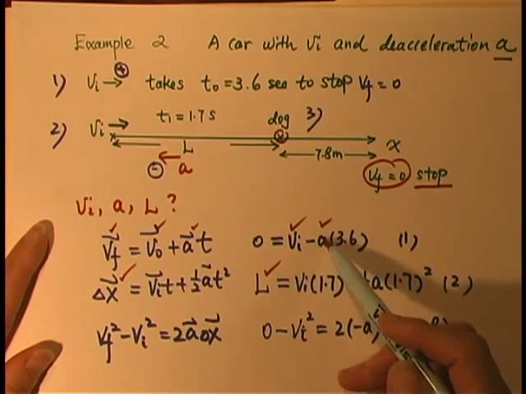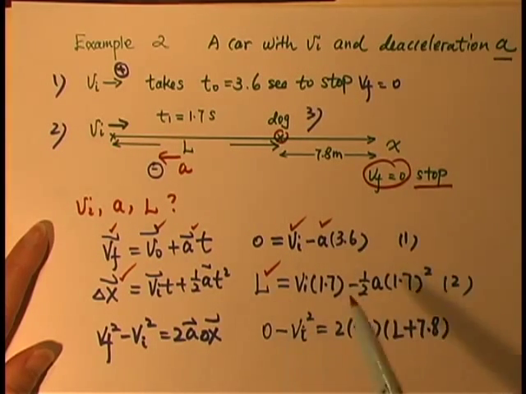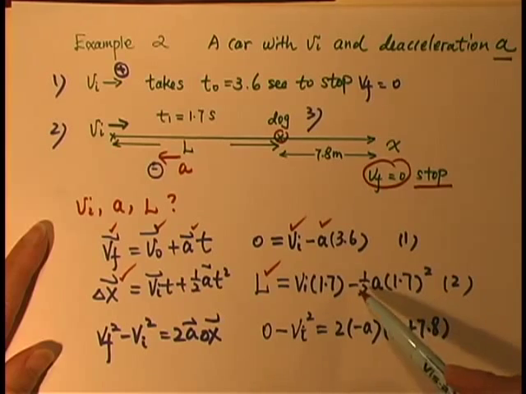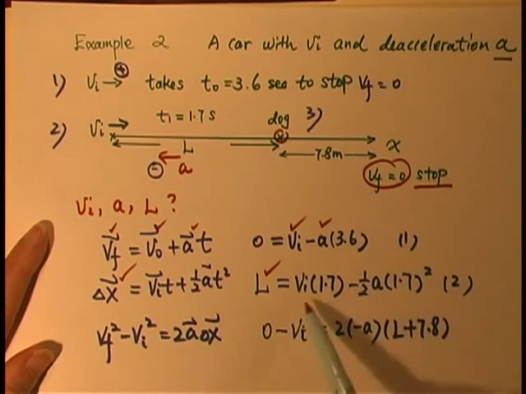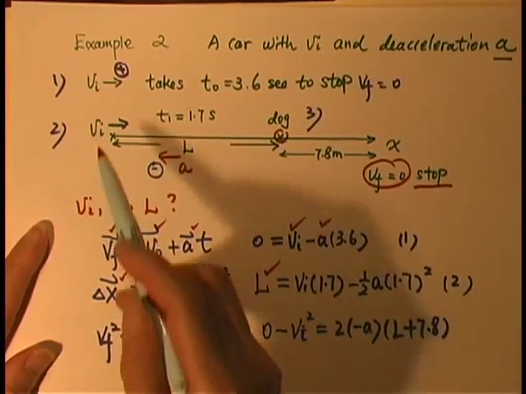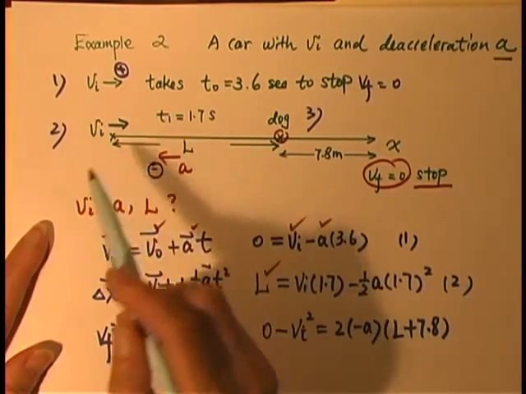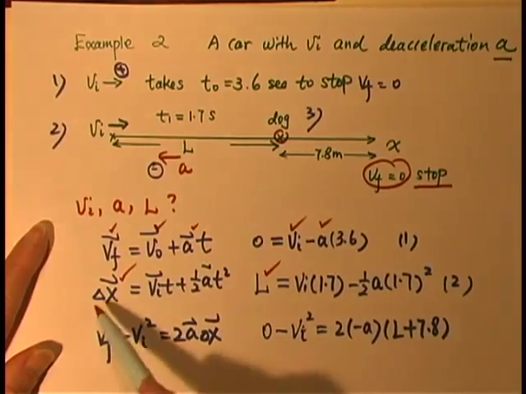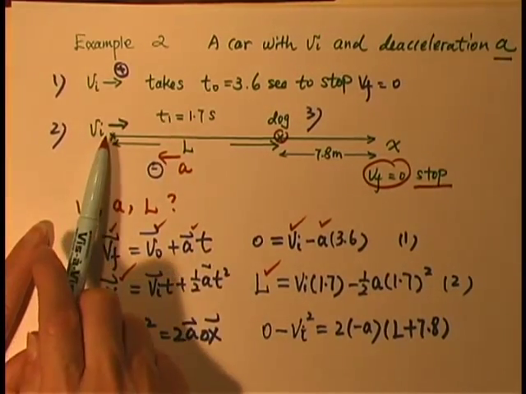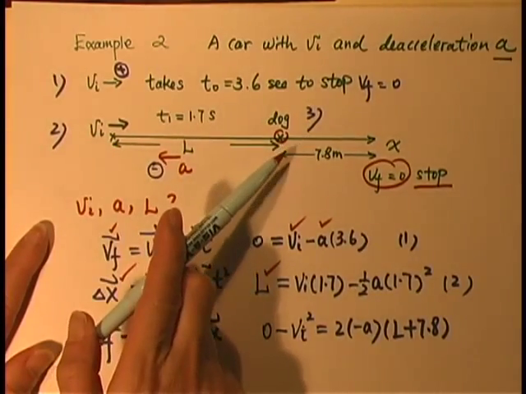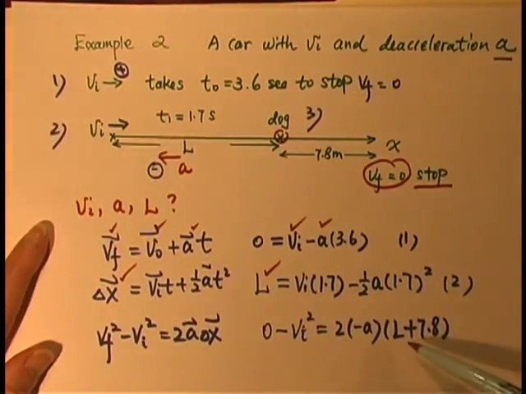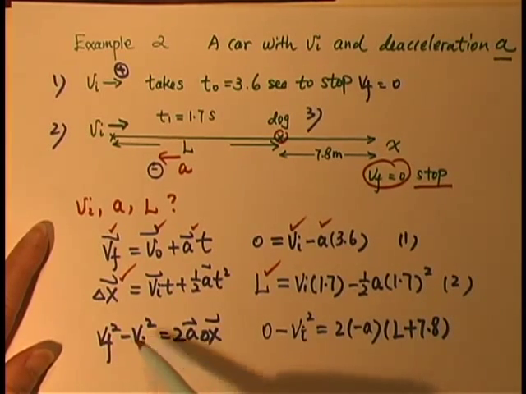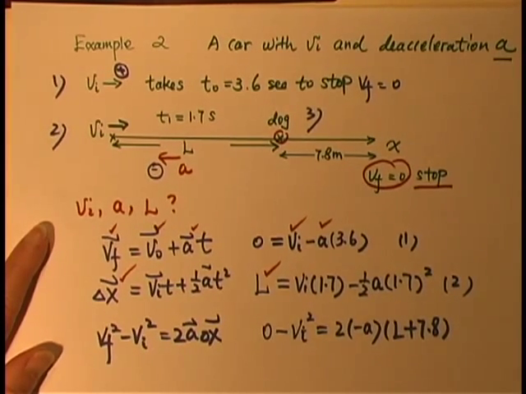Then this A becomes only the magnitude. Same thing here. V initial is positive because it's moving in this direction. And delta x, because starting from here to the right, that's positive. That's why it's positive L, and positive L plus positive 7.8. The square part, we don't have to worry about because it's squared.